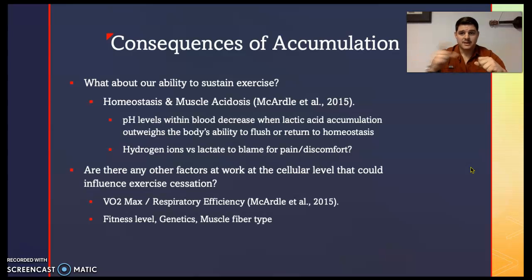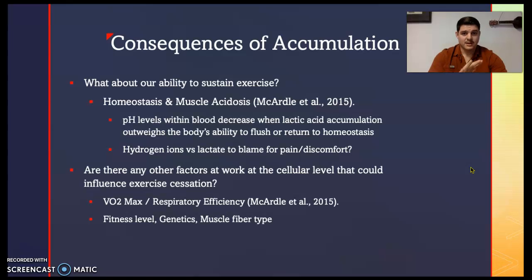And as the lactate goes into the bloodstream and that level begins to accumulate because of the lack of efficiency for the whole system to do that flushing and replenishment of glucose and glycogen, those other pH levels are going to try to balance it out. And as that happens, you're going to get a drop in pH levels, which is going to create that inhospitable acidic environment, which is that muscle acidosis.